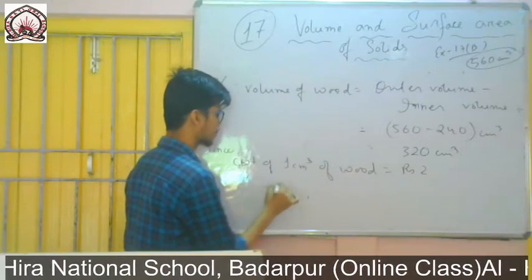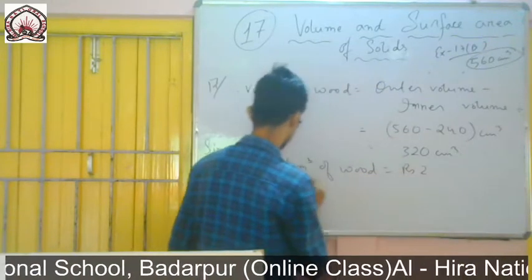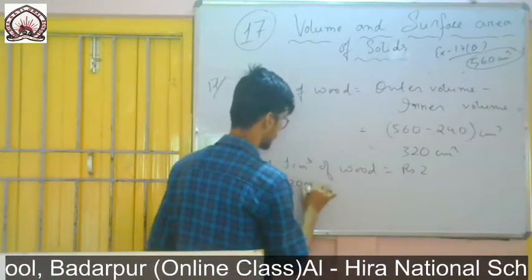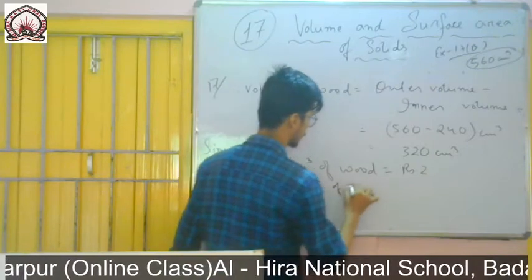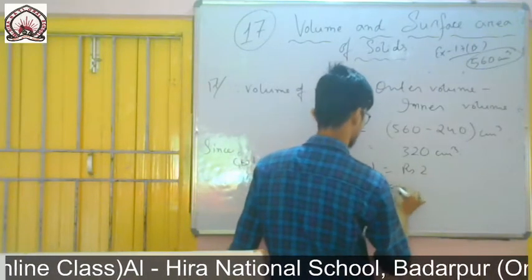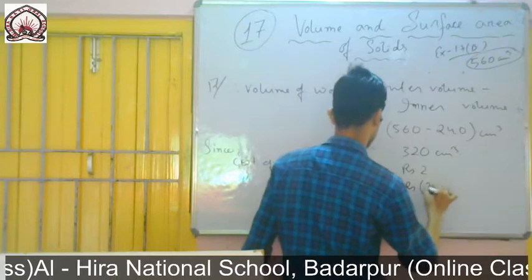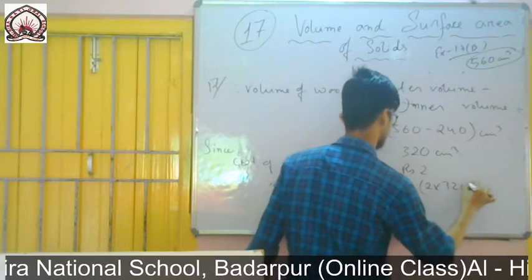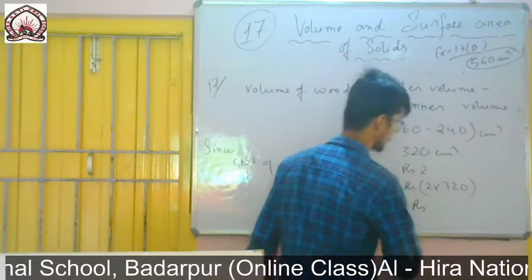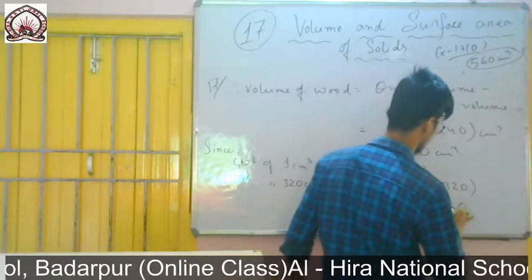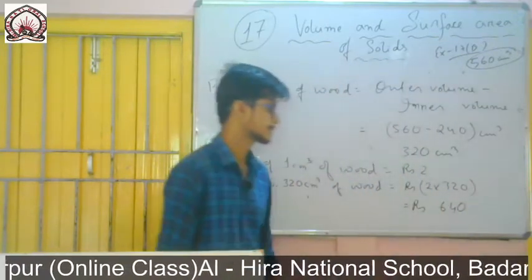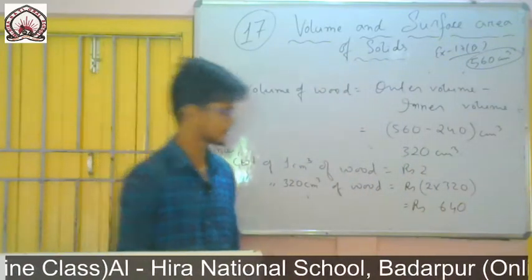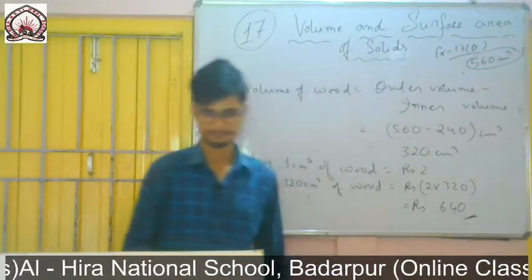Therefore, cost of 320 centimeter cube of wood is equal to rupees 2 into 320, which is equal to rupees 640. So this is the required answer.